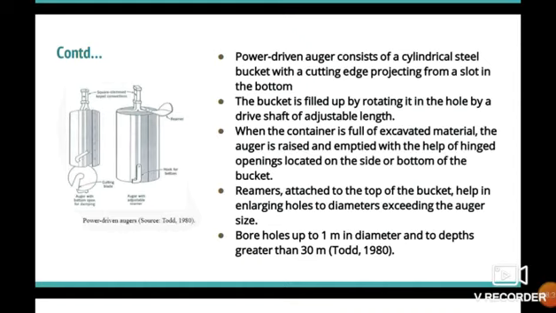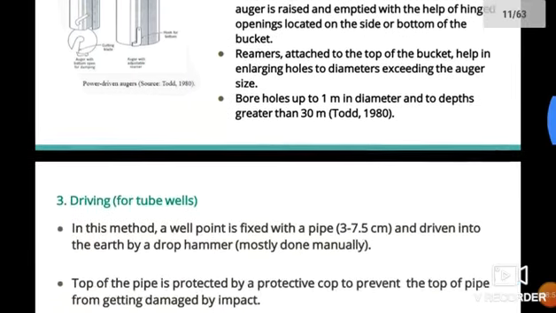After that we can remove the cylinder and the soil, and again we can do the same procedure. So this is the power operated auger. Boreholes up to 1 meter in diameter and to depths greater than 30 meter can be constructed by means of power operated augers. All the numerical values in the slide are taken from Todd, which is a reference book for groundwater wells and pumps.